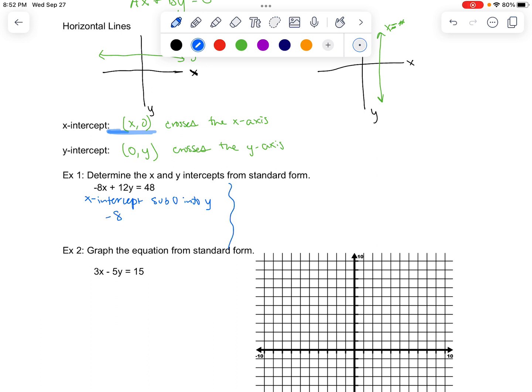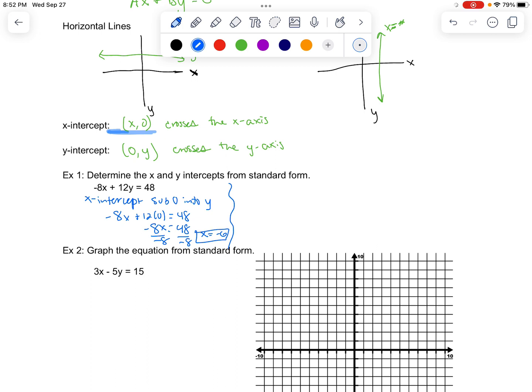So I now have negative 8x plus 12 times 0 equals 48. All right, so 12 times 0 is gone. I'm left with negative 8x equals 48. Solve for x. X equals negative 6. That is my x-intercept.